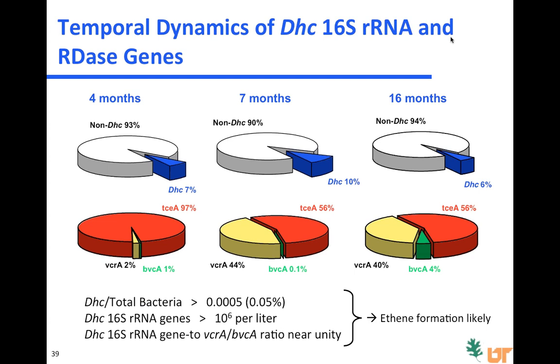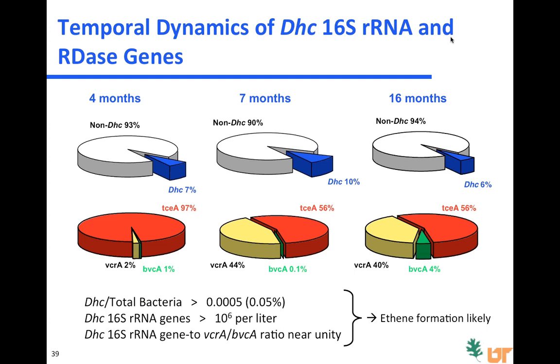This red proportion is a gene encoding a reductive dehalogenase that dechlorinates TCE and cis-DCE to vinyl chloride, but doesn't dechlorinate vinyl chloride to ethene. Initially, this was very abundant. But then as more and more cis-DCE was formed and vinyl chloride, you can see that other reductive dehalogenases become more abundant. In yellow, for example, vcrA, in green, bvcA.